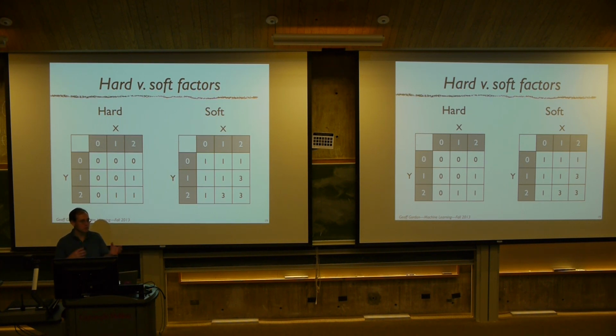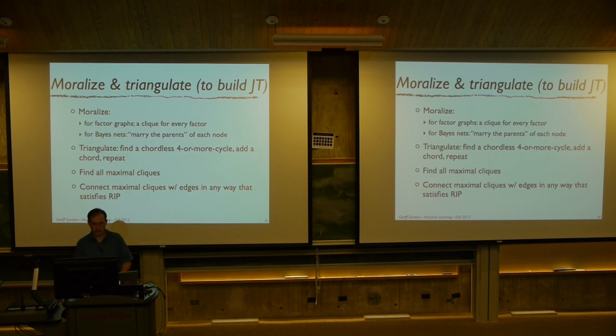You might be able to do some calculation on a part of it, but it would be meaningless because the whole thing corresponds to a non-existent distribution. The other thing is that conditional independences get a little weirder when you have hard factors. If you're interested, take a look at the Koller book and look up Hammersley-Clifford in the index. So basically, soft factors nice, hard factors can be annoying.